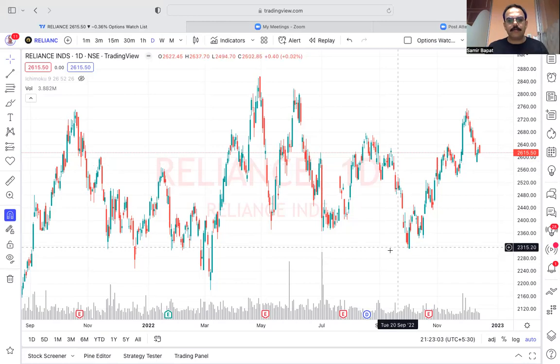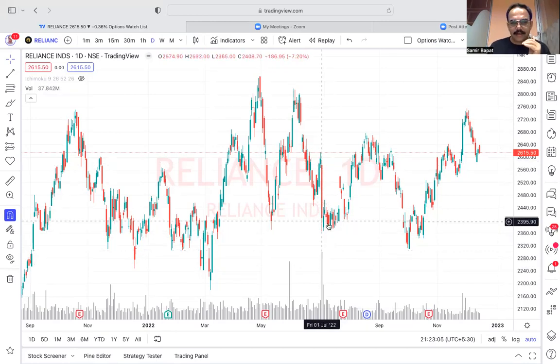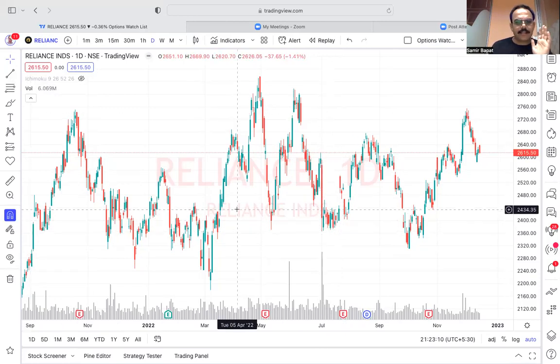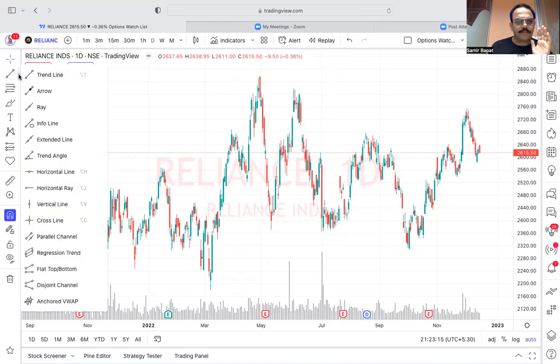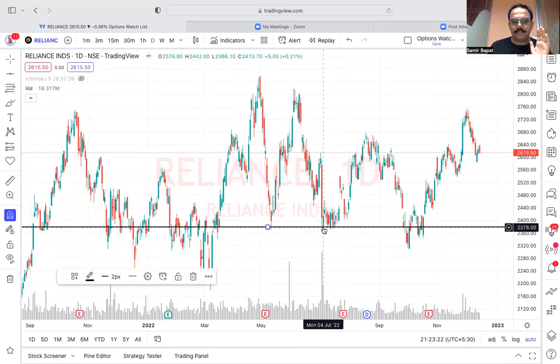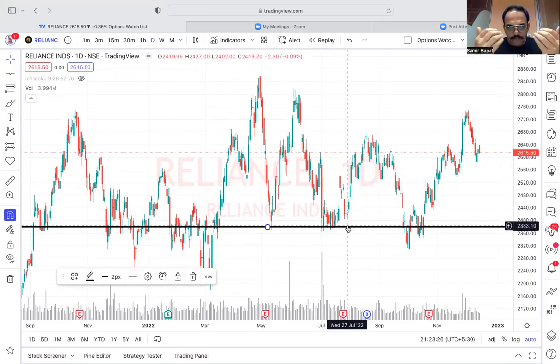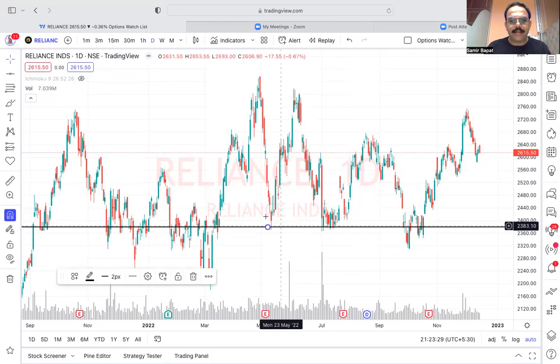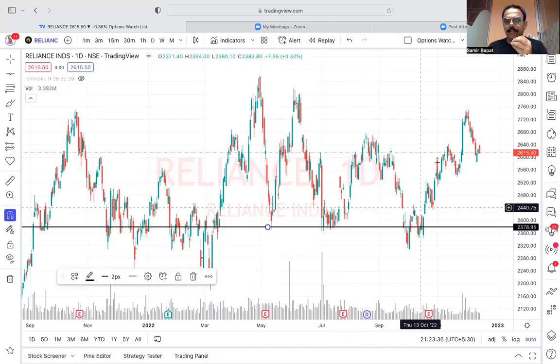Then you see roughly where the price has bounced. You take a horizontal line from your left-hand side corner and place it somewhere here. I have placed this line here because visually you will find that the price came here and bounced up, again came here and bounced up, again came here and bounced up.